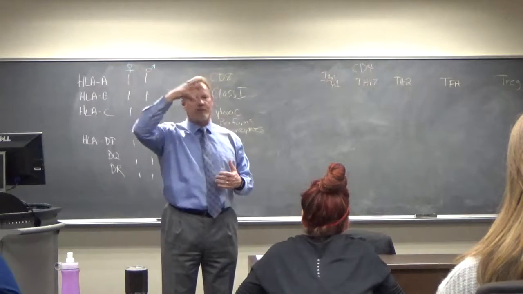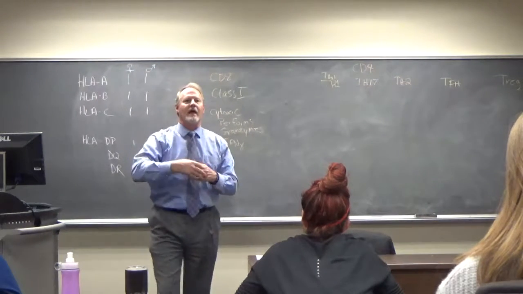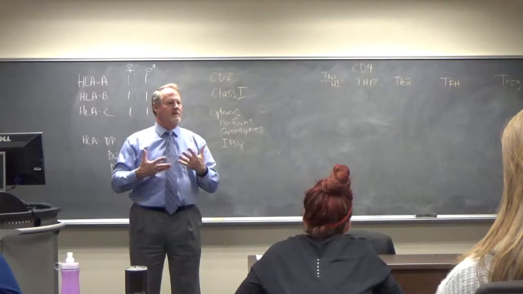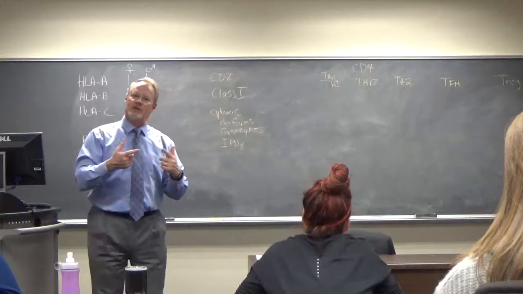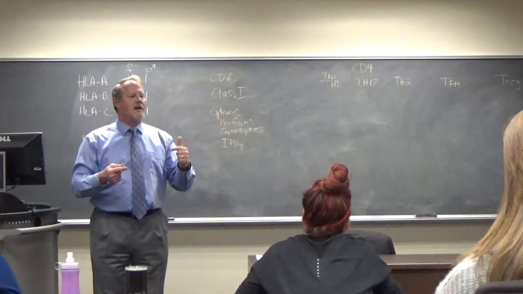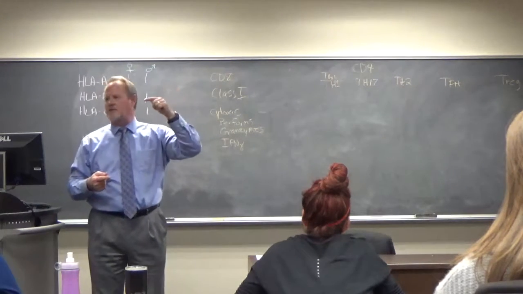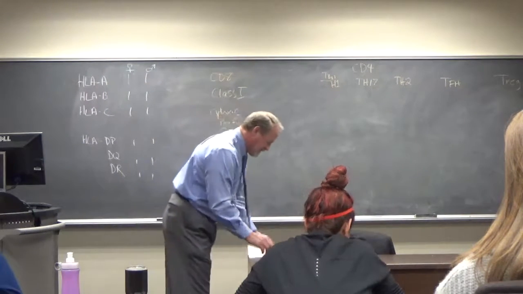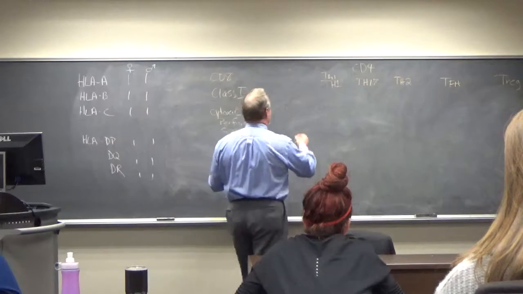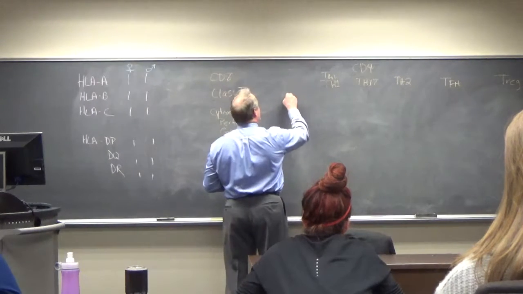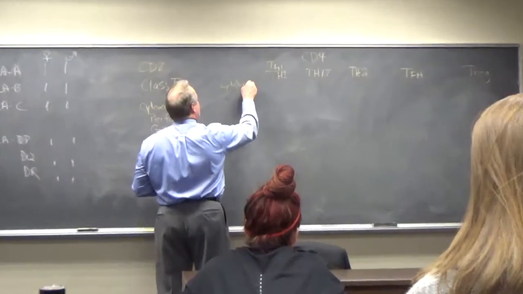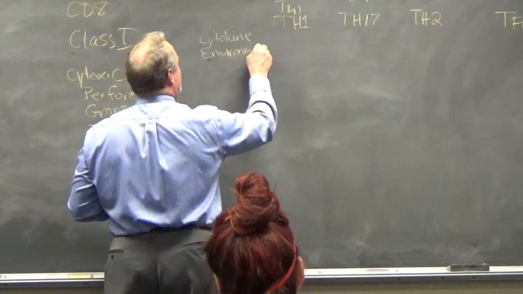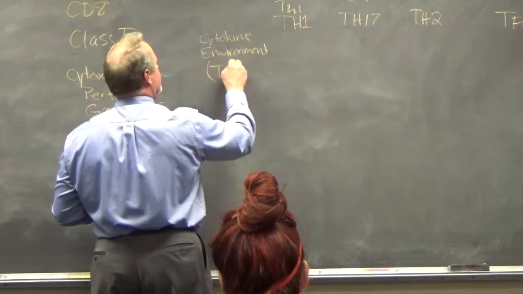That PAMP is going to be recognized by the pattern recognition receptor, and it's going to cause the dendritic cell to not only take up the antigen and start processing it, but also gear up to start producing certain cytokines that PAMP tends to stimulate. In this case, we'll just put some of these out here. What I'm going to put here is cytokine environment, and in parentheses, trigger.